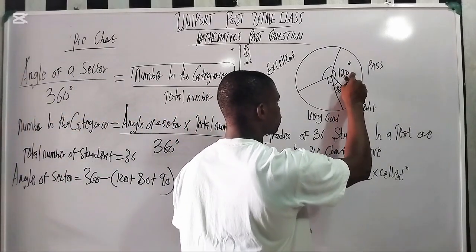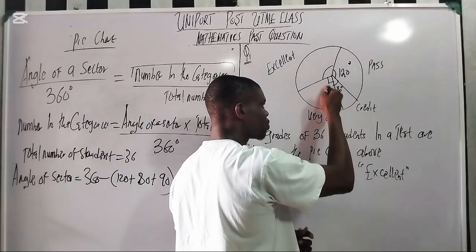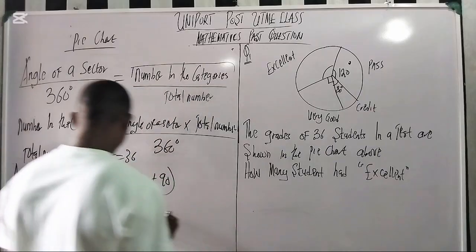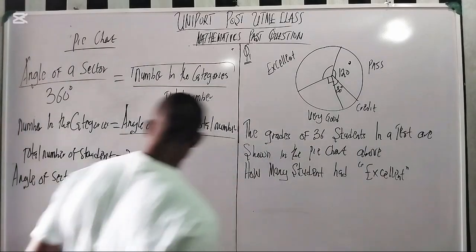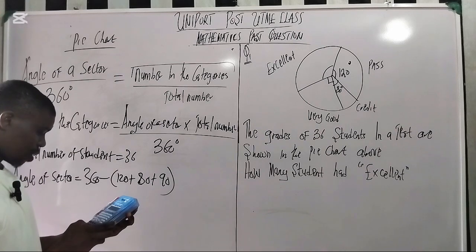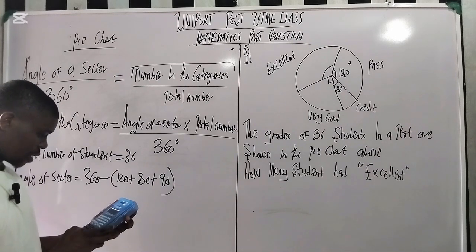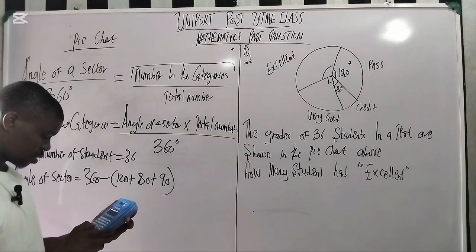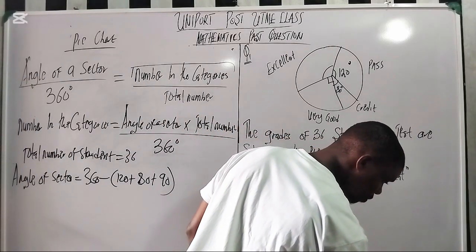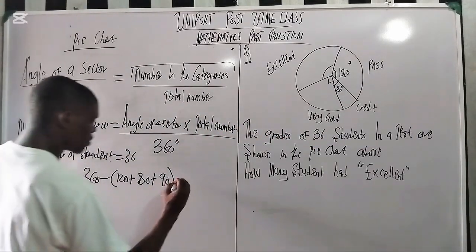Because here we have 120, here we have 80, and this one here is angle 90. So you subtract them from 360. Here we have 70.